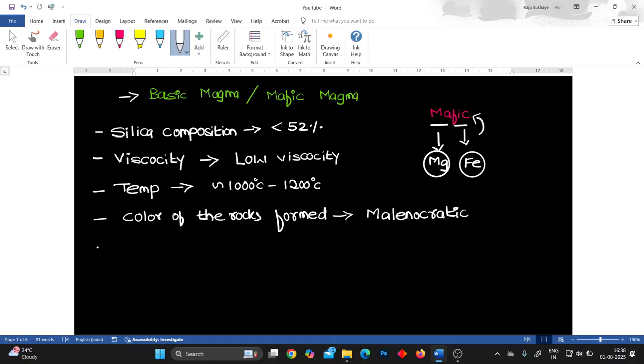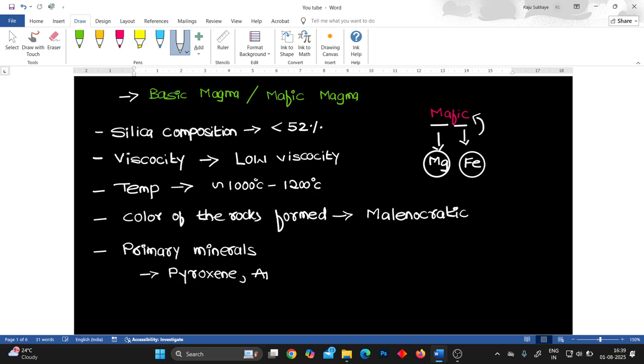Okay, so after that we'll be seeing the primary minerals which are present or which may be present. Group wise, the pyroxene group of minerals will be primary. Pyroxene group of minerals will be there.